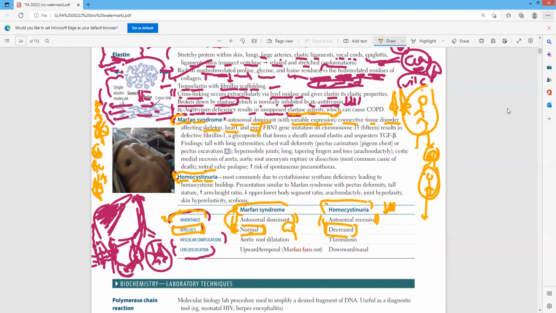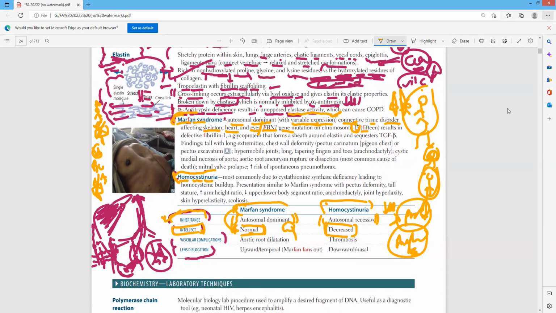We will see that. Okay, here, FBN1 gene mutation on chromosome 15 for Marfan syndrome. Associate chromosome 15 with other diseases, Prader-Willi syndrome and Angelman syndrome. We will see that and return back in genetics.